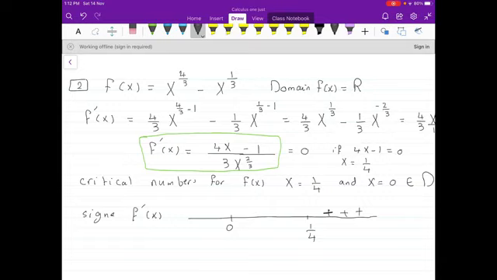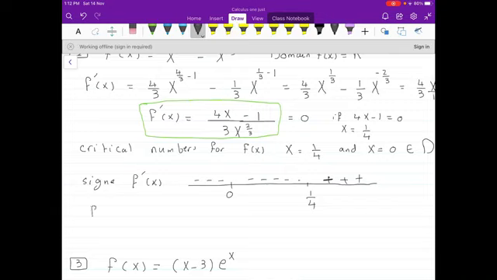If you choose a number between 0 and 1/4, like 1/8, so 4 times 1/8, 1/2 minus 1, so the sign is negative. If you choose a number like -1, -4 minus 1 is negative, and the cubic root of x square, so the sign is negative.